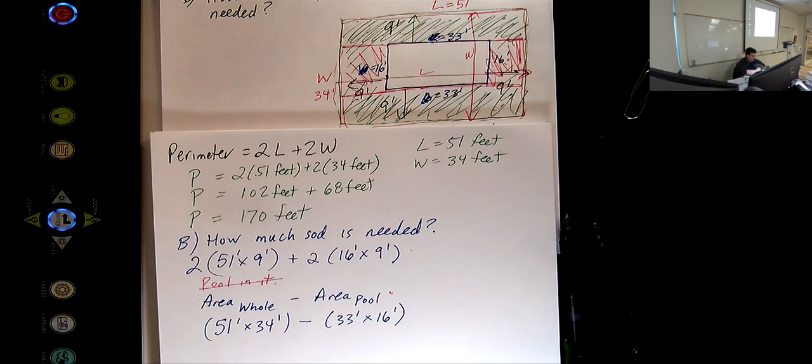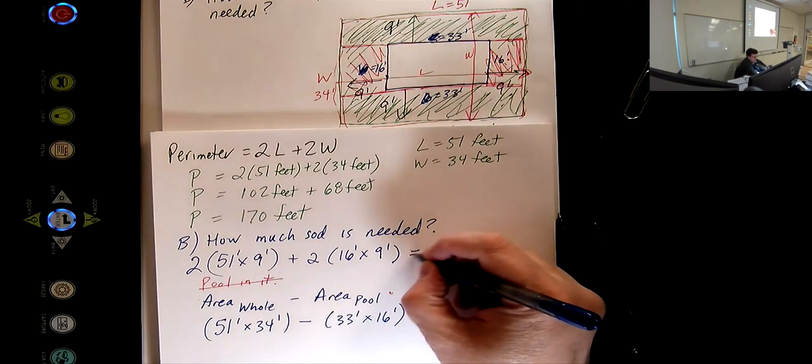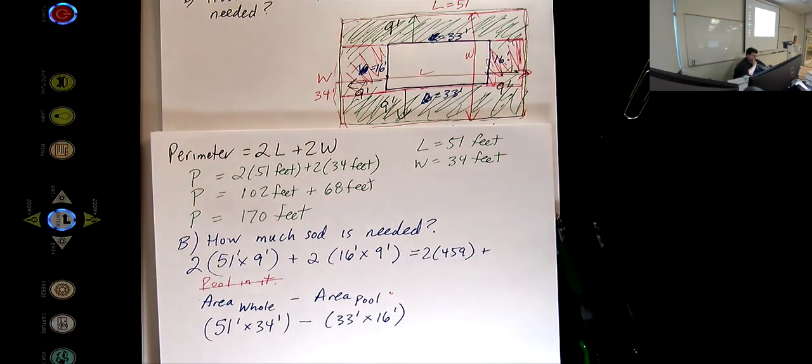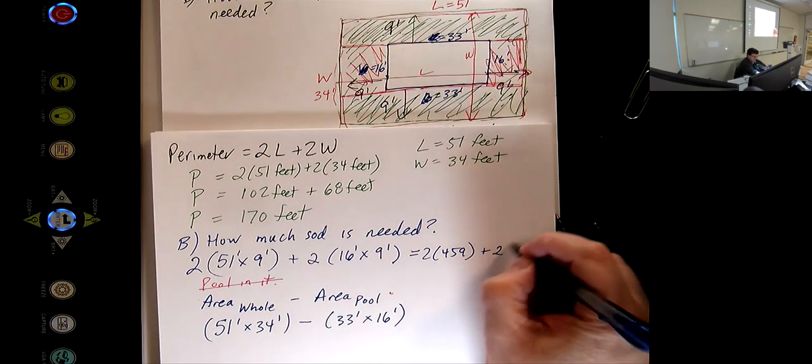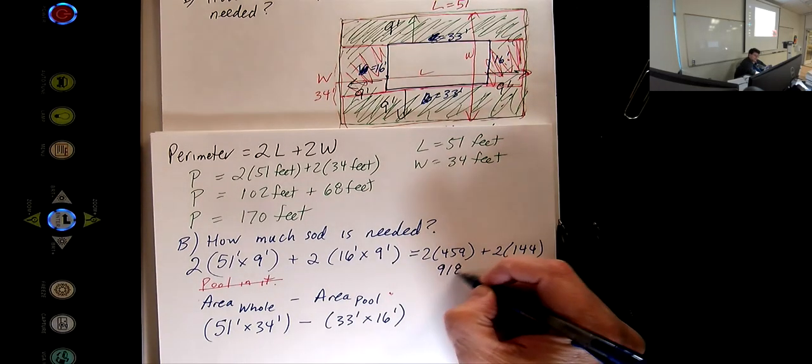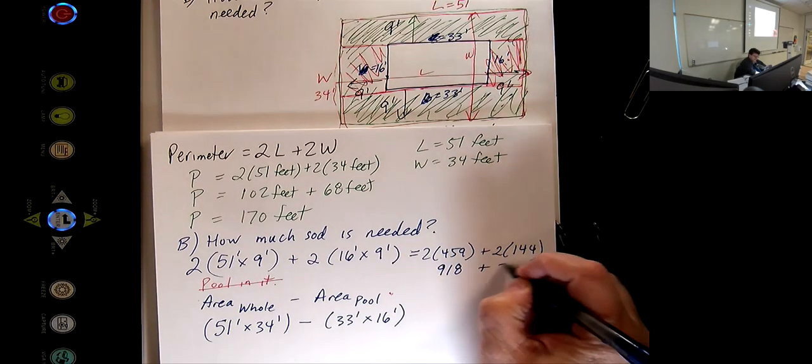I've got, let's see, 51 times 9 is, I'm gonna do it in parts. 90 and 54 should be 144. Did I do that right in my head? Yes, I did. 2 times 459 is, I can do that in my head, 918. And this is 288.